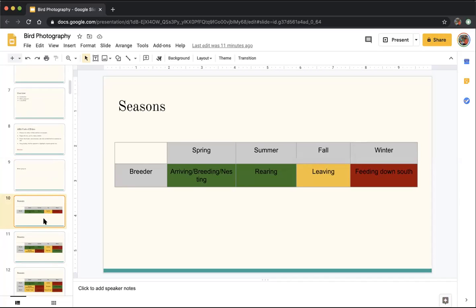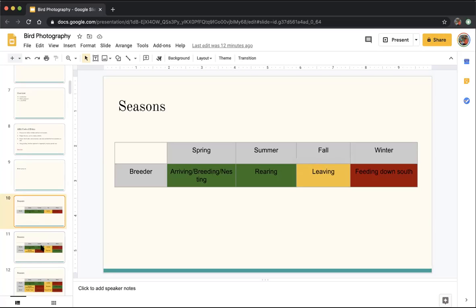So when you look at a breeder, when do they arrive, and breeding and nesting time, rearing, and they leave, and then they move.